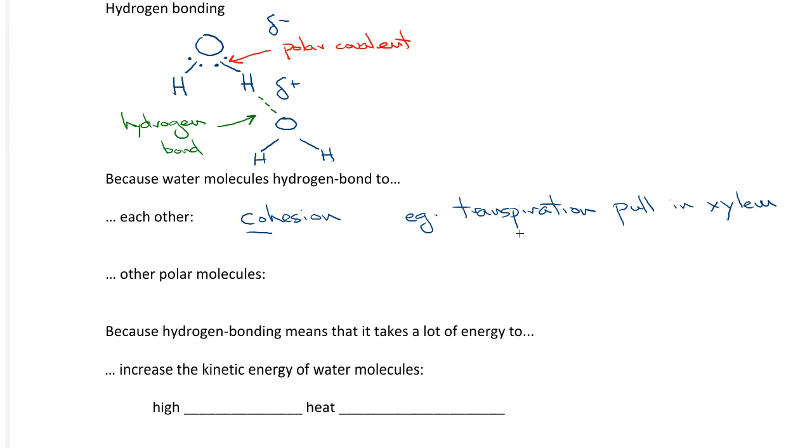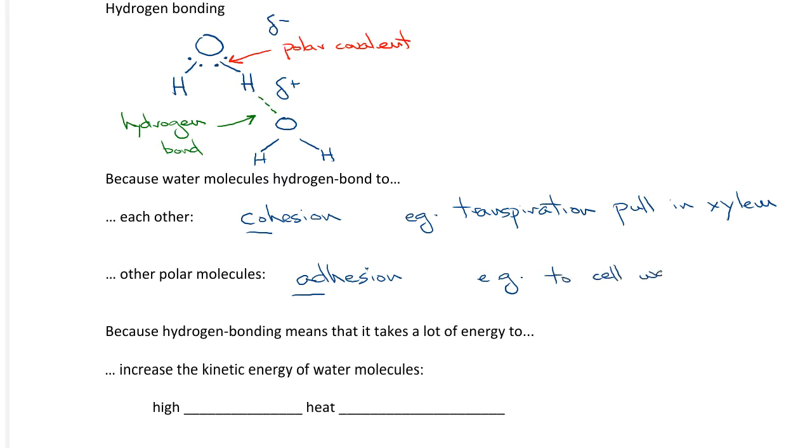Also, in that same phenomenon of transpiration pull, the water molecules are attaching to the polar molecules in the cell walls of the xylem, and that's a property known as adhesion. Adhesion is when molecules are attracted or attaching to other kinds of molecules, as opposed to cohesion being the same kind of molecule. And so here, same phenomenon, transpiration pull, the polar water molecules are attaching to the cell walls in the xylem.